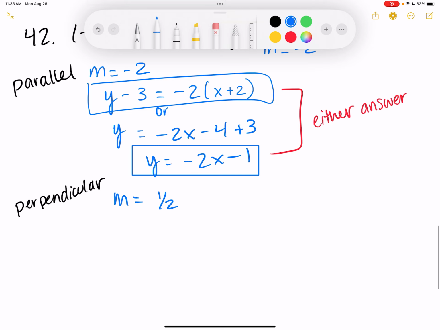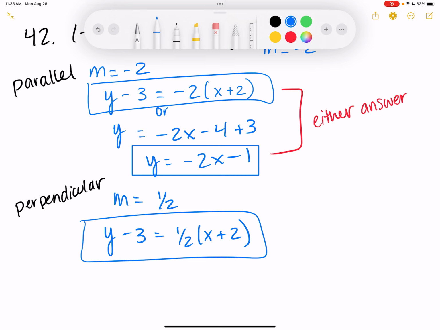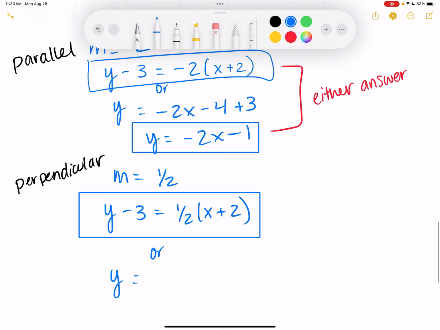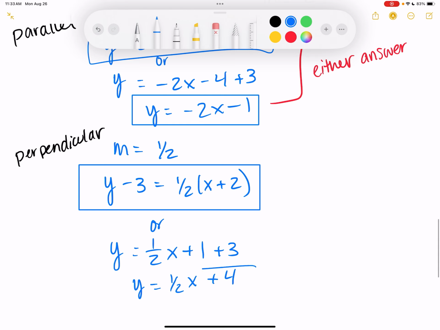So y minus 3 equals 1/2 times x plus 2. You can leave it here, or you can keep going and say y equals 1/2 x plus 1 plus 3, which would give you y equals 1/2 x plus 4. So again, I would take either one on that.